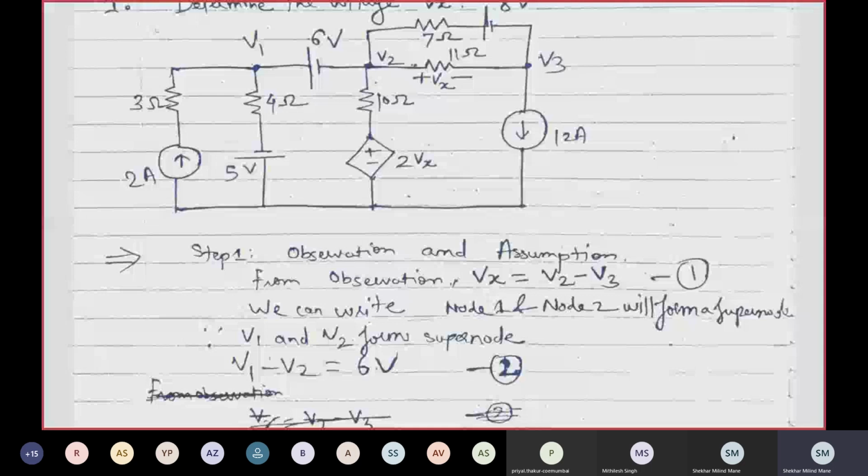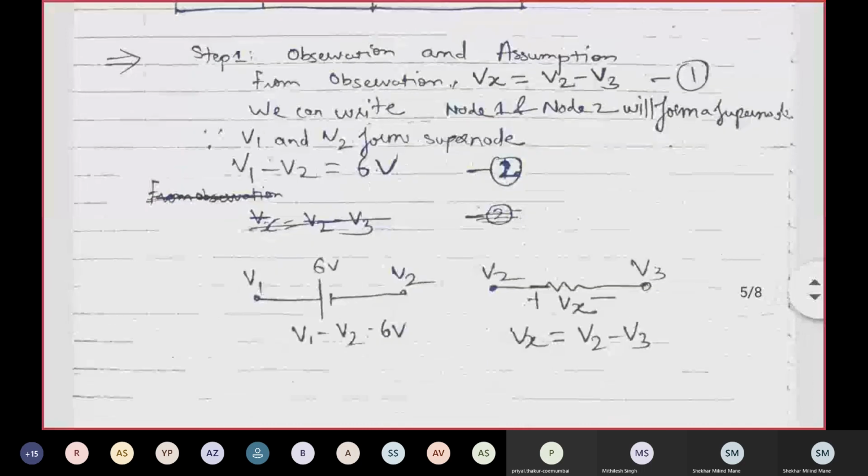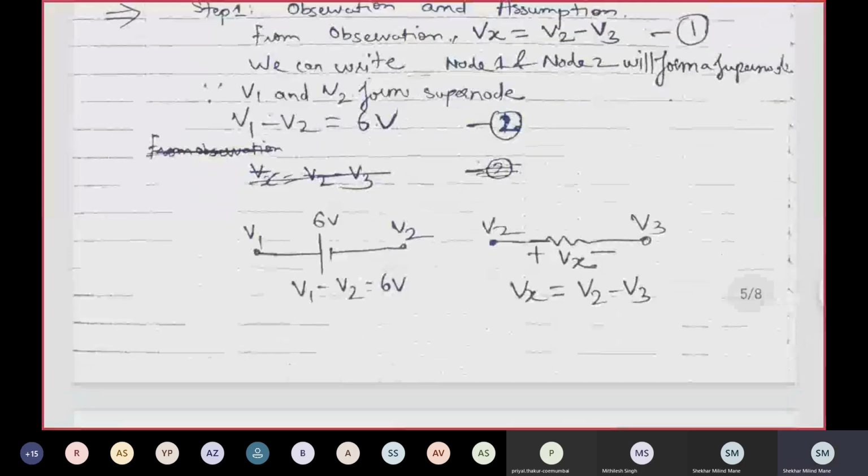So we can directly write V1 minus V2 is equal to 6 volt, and give this equation number 2. See how we have written V1 minus V2 is equal to 6 volt and Vx is equal to V2 minus V3.